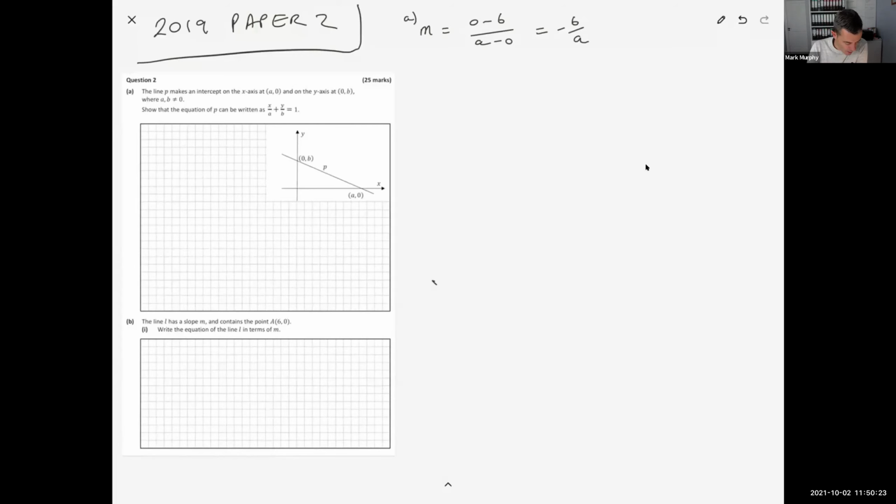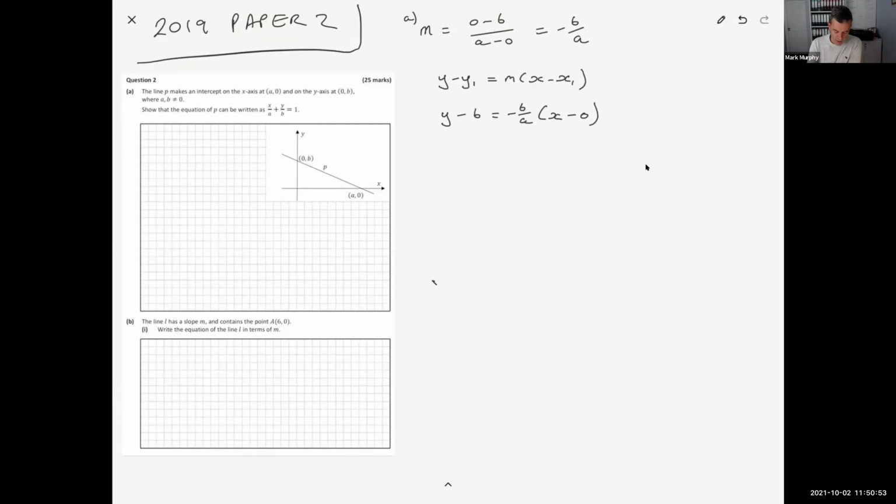Now, again, generally, you remember y minus y1 equals m into x minus x1, right? So in this case, we just pick b for y1, it doesn't matter. y minus b is equal to minus b over a times x minus 0.